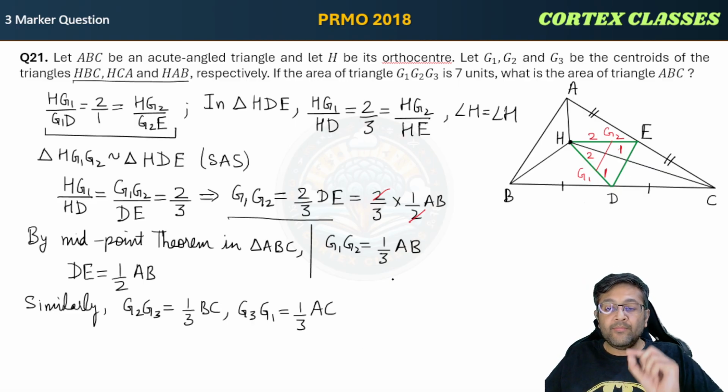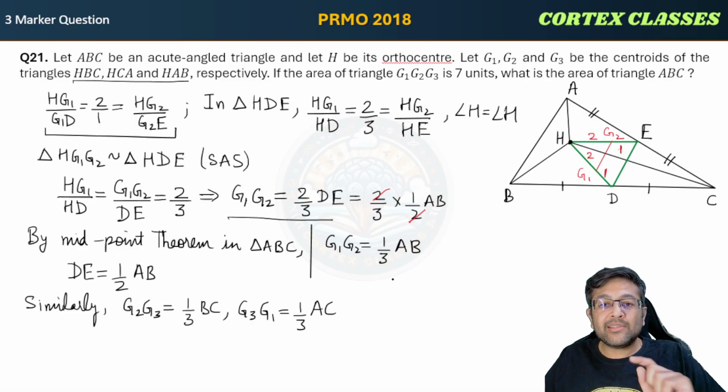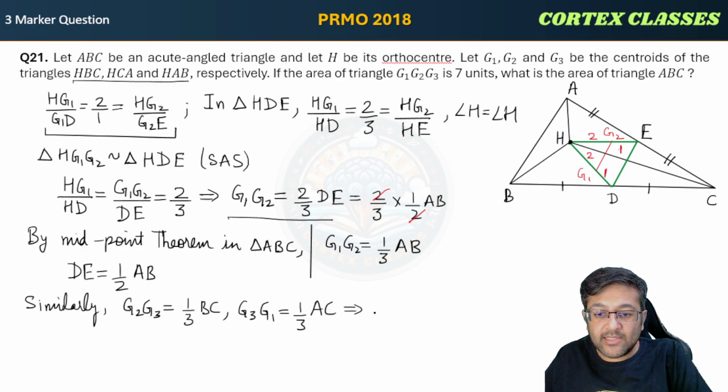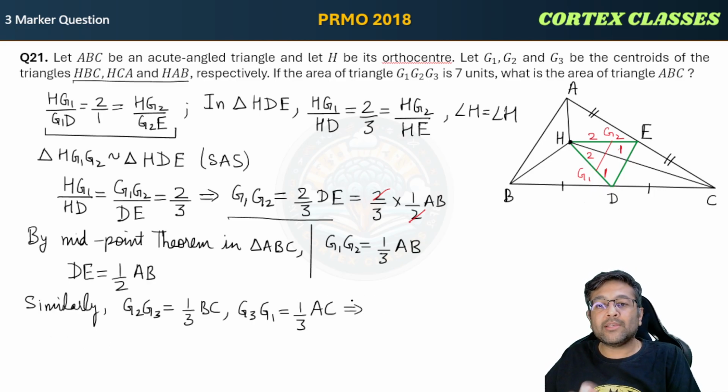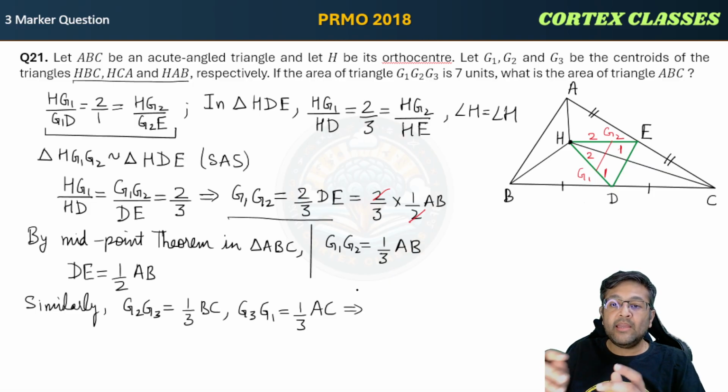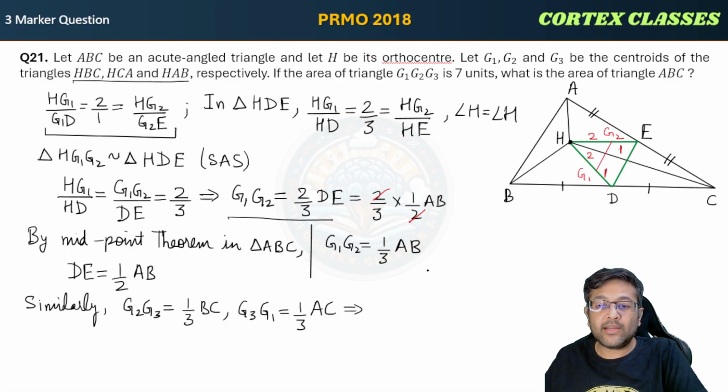So guys, you can see the triangle G1, G2, G3, its sides are 1/3 of the bigger triangle ABC. So the two triangles are similar, right? Since it is the same ratio 1/3, it is like saying how is triangle G1, G2, G3 obtained? By taking 1/3 of each of the sides of ABC, right? So they are similar triangles.